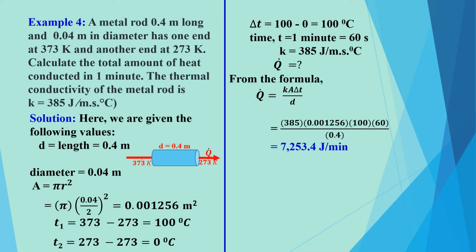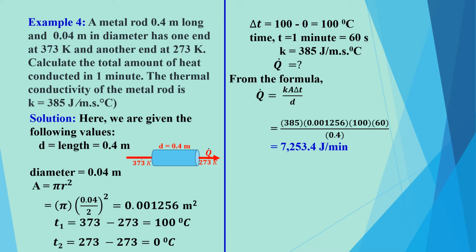And the outgoing temperature is 273 minus 273 equals 0 degrees Celsius. The change in temperature now is 100 minus 0, or 100 degrees Celsius. The time is 1 minute or 60 seconds. K is 385 joules per second per meter per degree Celsius. And we are required to find the total amount of heat conducted in 1 minute.